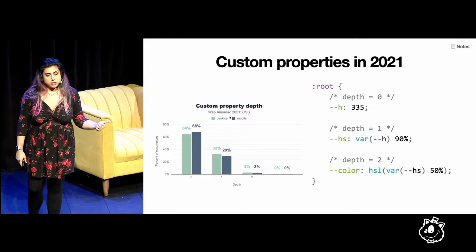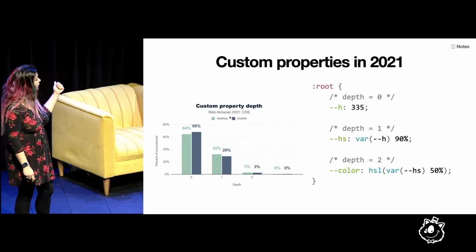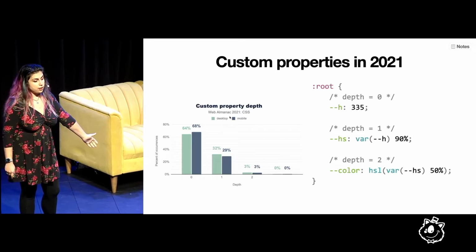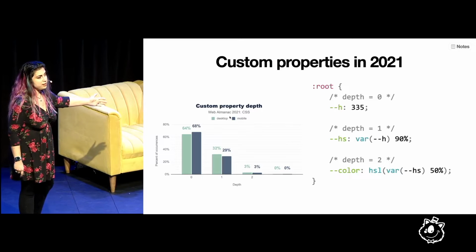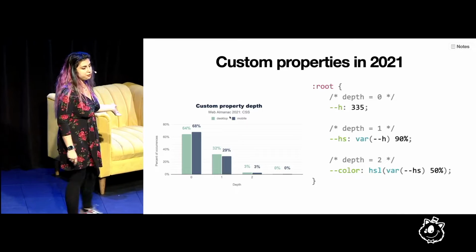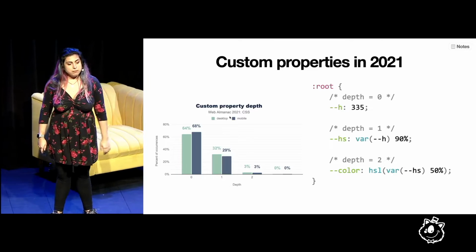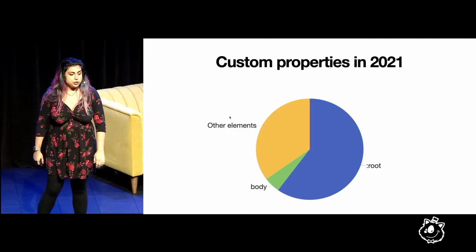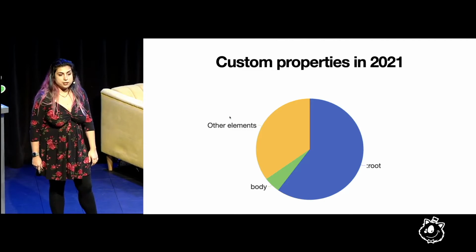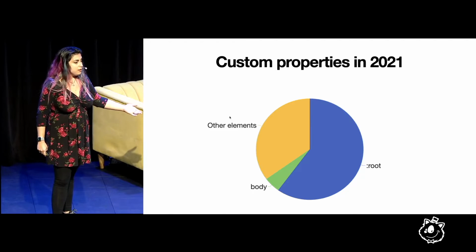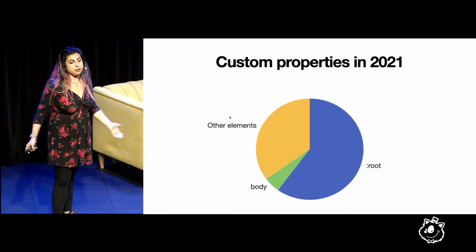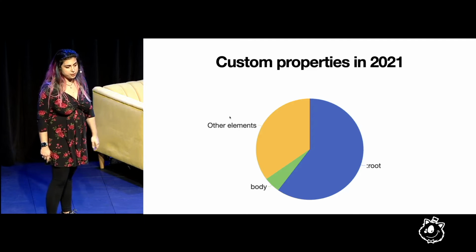Either they're used as constants, like a depth of 0, or they just refer to other constants, essentially variables that are just set to a fixed value. And also, the vast majority of CSS variable declarations are on the root element, essentially making them global, not taking any advantage of their dynamic scoping.